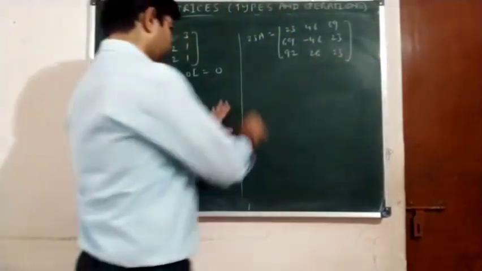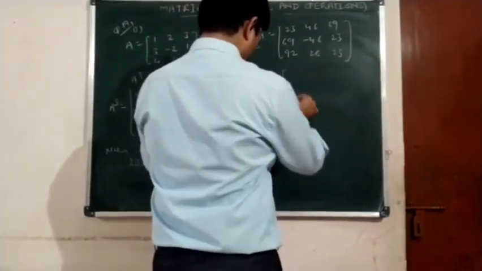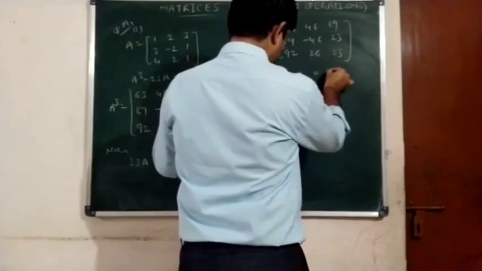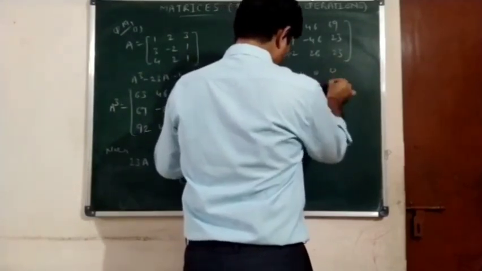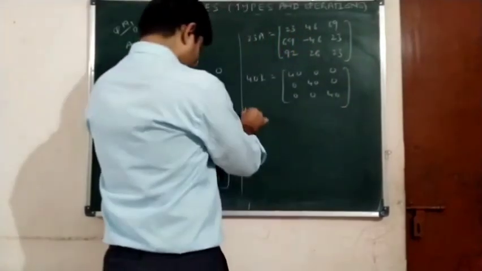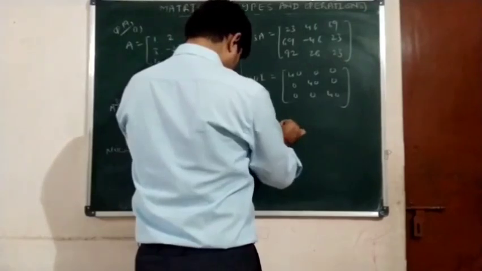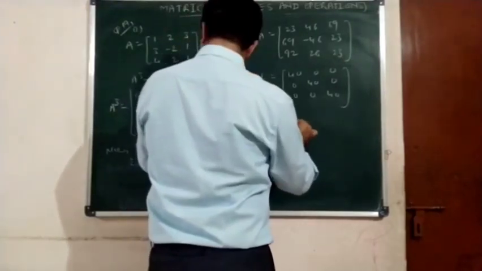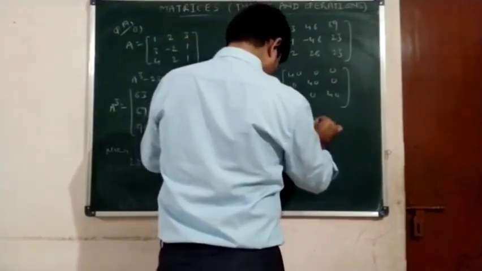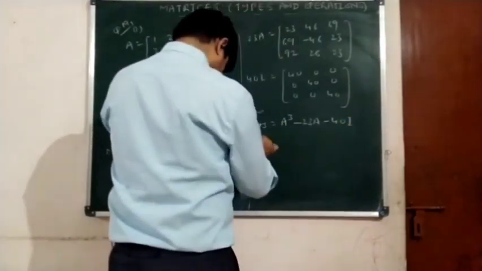And finally 40I, where I is a unit matrix of order 3, so 40 0 0, 0 40 0 and 0 0 40. Now we will take the expression LHS is equal to A cube minus 23A minus 40I.